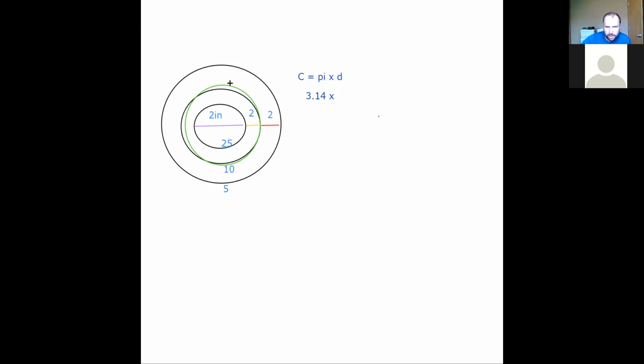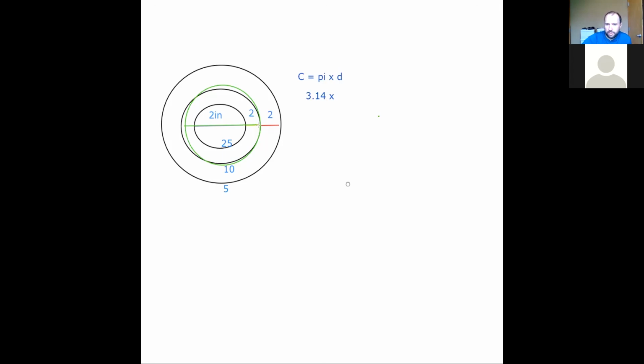So what we really need to find, I'll use a brand new color, is this distance. What is the distance all the way across this middle circle? And we can use this information to tell us. So if this is 2, it's 2 from here to here. It's also 2 from here to here. But one thing that most people forget is we have to figure out this other side, which is also 2.